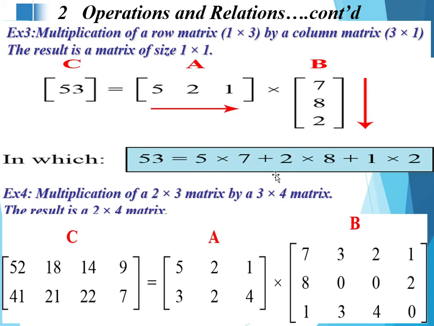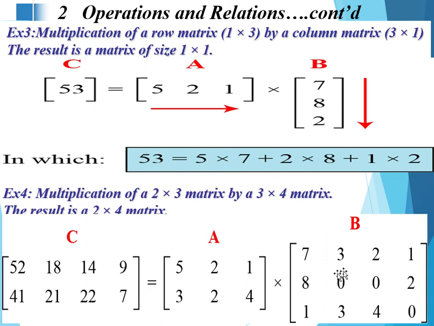We can see another example here, which shows a matrix having 2 into 3, 2 rows 3 columns, and 3 into 4, 3 rows and 4 columns, and the result is 2 into 4, 2 rows 4 columns. For the first row, we multiply the first row with the first column, and it generates the number 52.